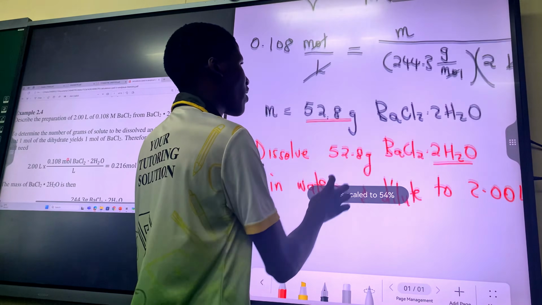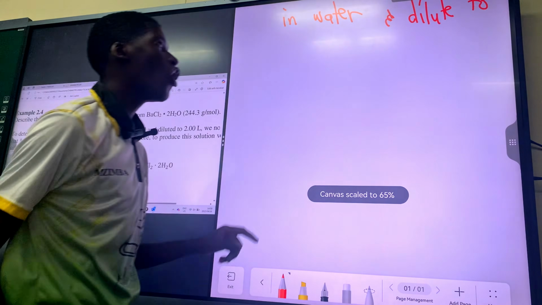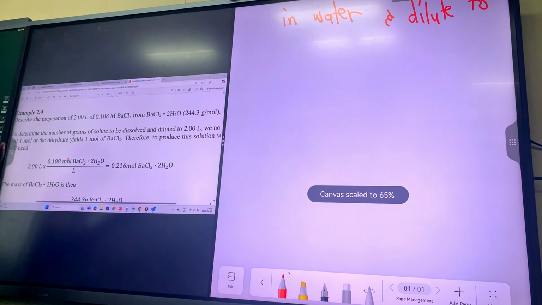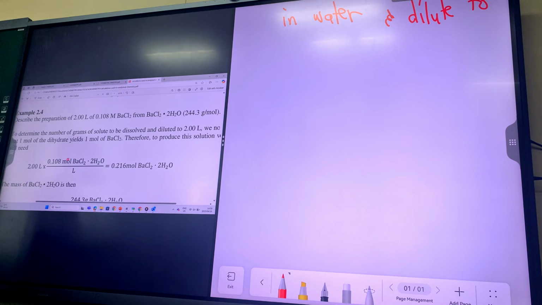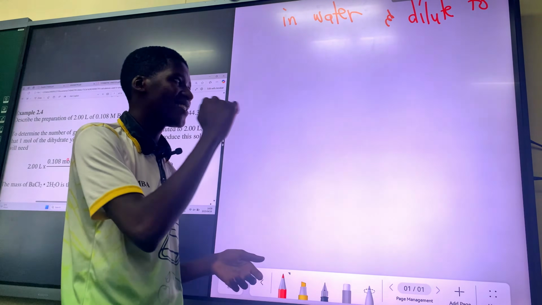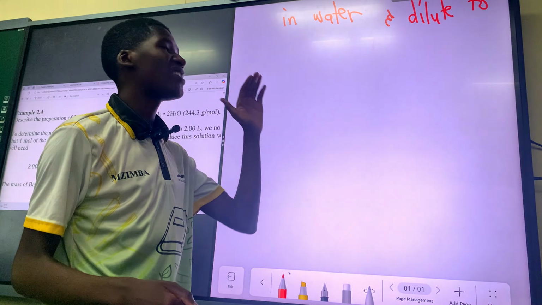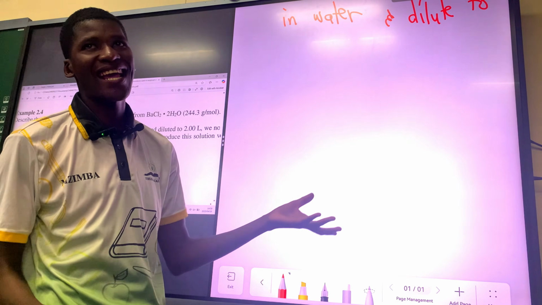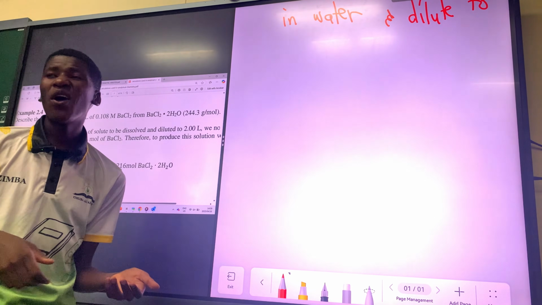Just like for you to make a sugar solution, you know you require probably 2 tablespoons of sugar, and then you put that 2 tablespoons of sugar in water, and then you put a certain amount of water. You will be able to see how concentrated the sugar is. So it's just making a solution.